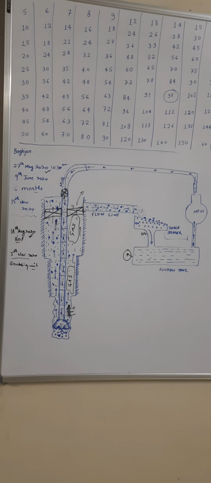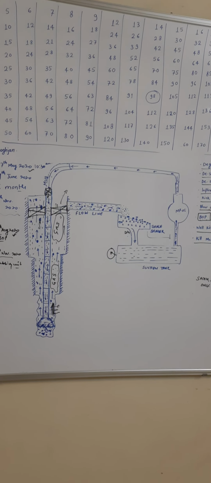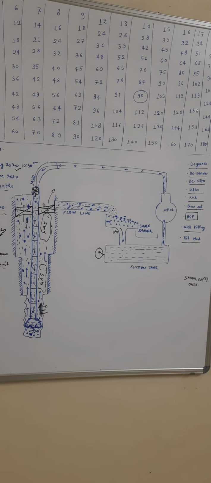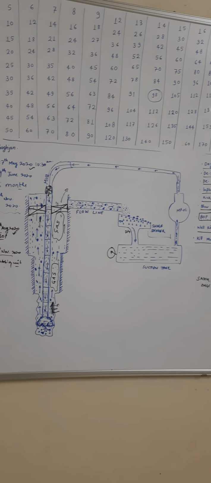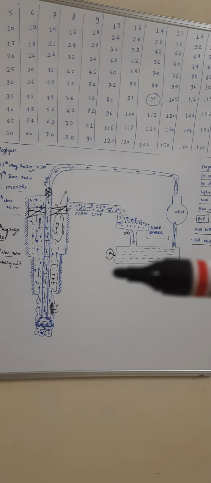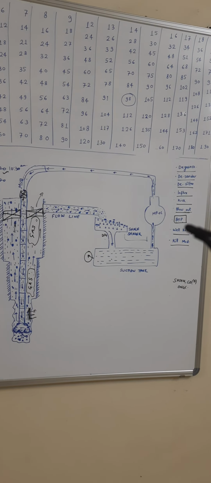And when it reaches the surface, there are high chances that it can catch fire. Just a small spark, and it will catch fire. So it becomes very risky. So anyhow we have to stop it from coming to the surface, for which we use a blowout preventer.